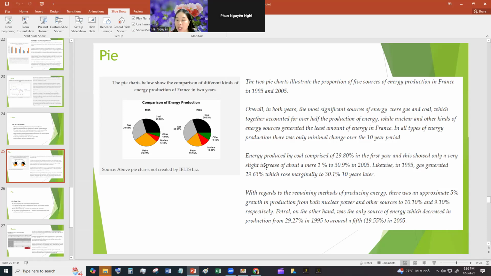The second thing, you should use fractions beside percentages to describe the numbers flexibly. So those are the two features of a pie chart. Use verbs to describe the percentages like comprise of, account for, take up, and specific words like generate. And also remember to use percentages and fractions flexibly.